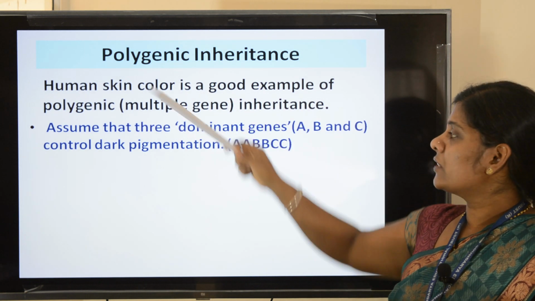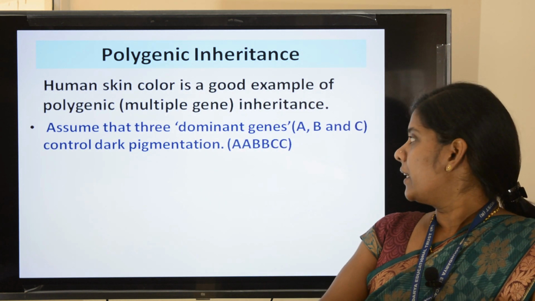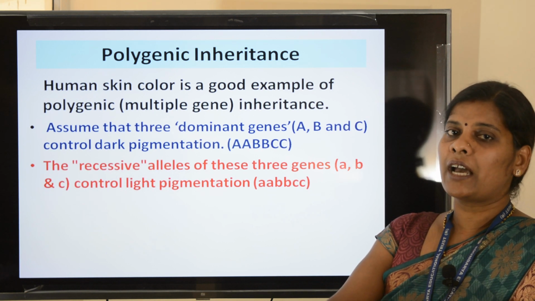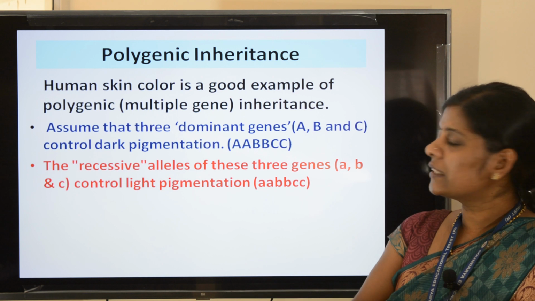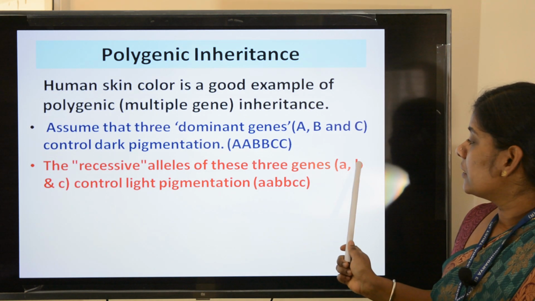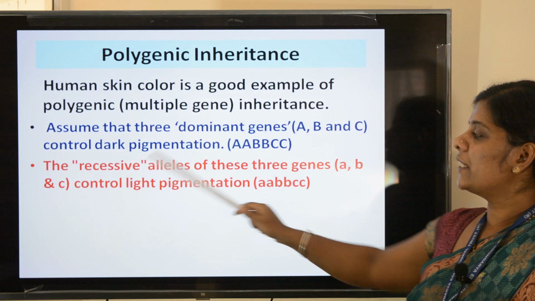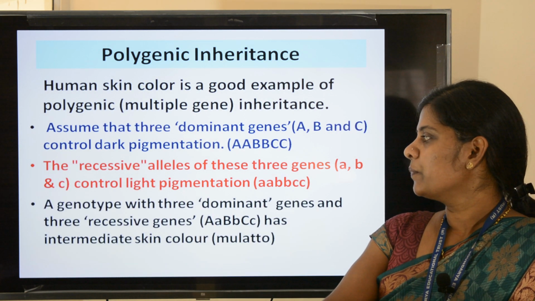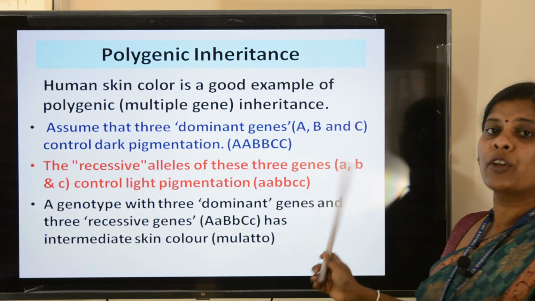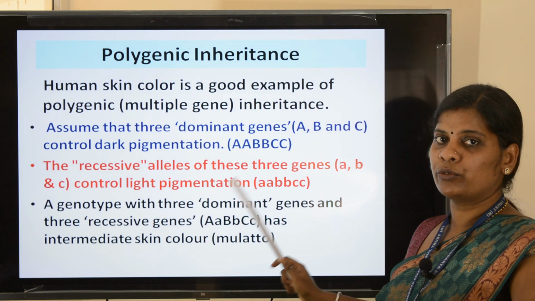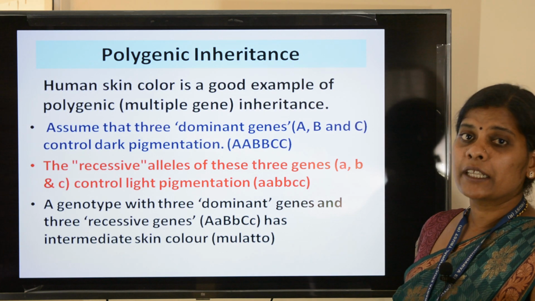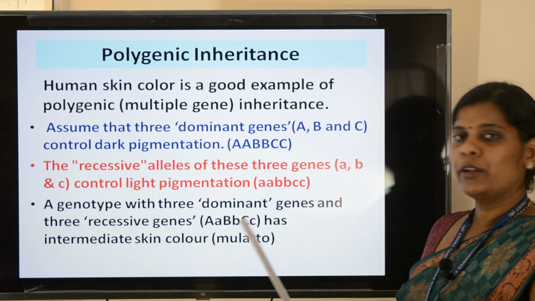We will assume there are three dominant genes A, B and C. They control the dark pigmentation. The recessive alleles small a, small b and small c control light pigmentation. The genotype with three dominant and three recessive alleles produces intermediate skin color, or mulatto.